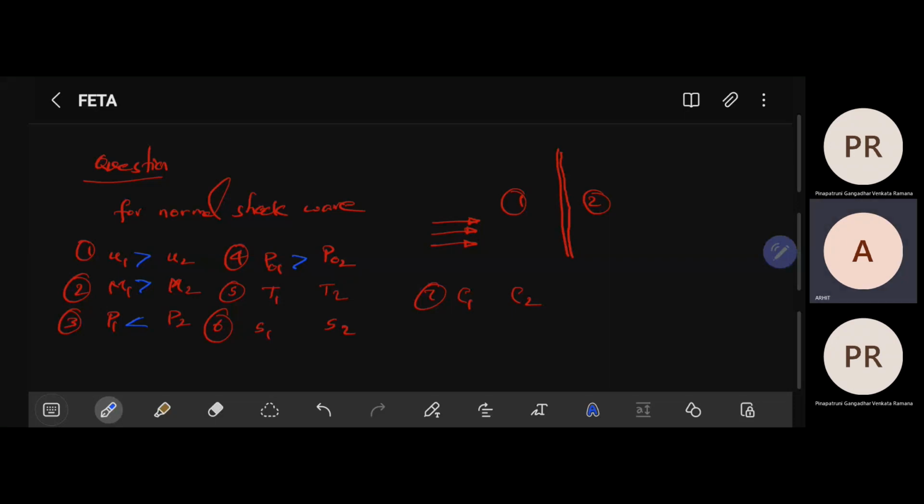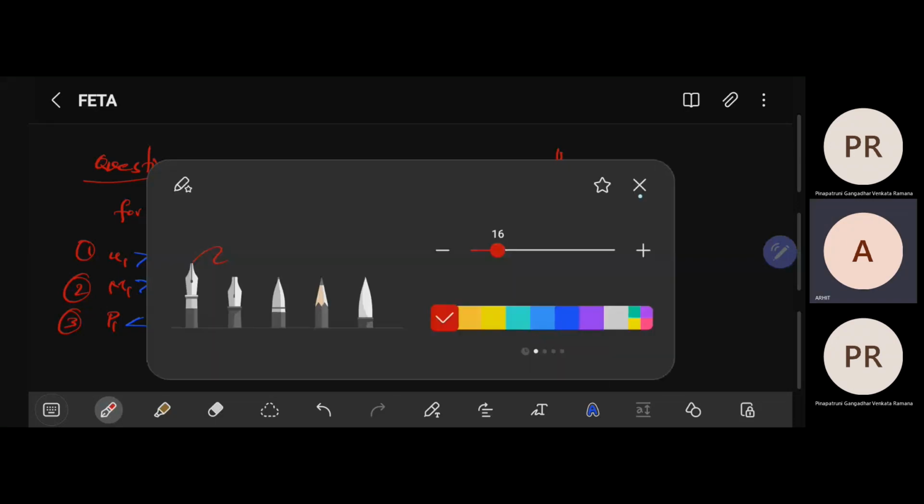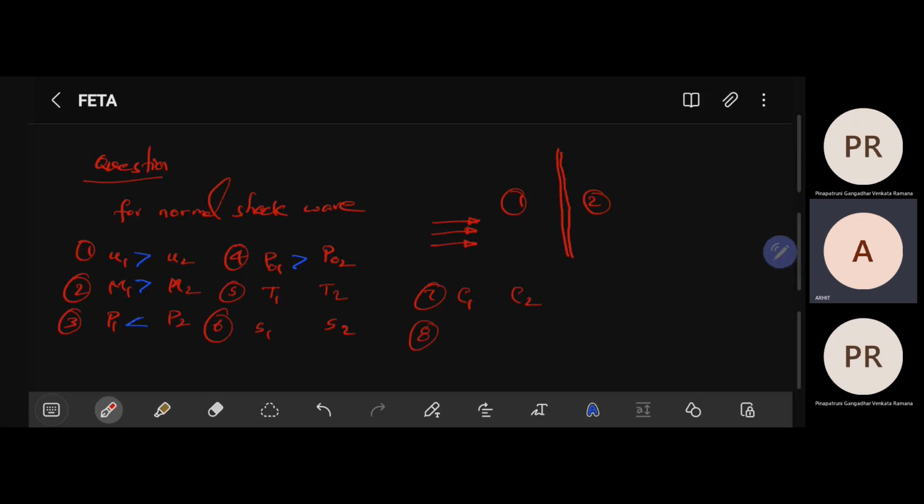If it is adiabatic, then there is no heat flow, so the temperature will be the same only, I think. Does the stagnation temperature change again?